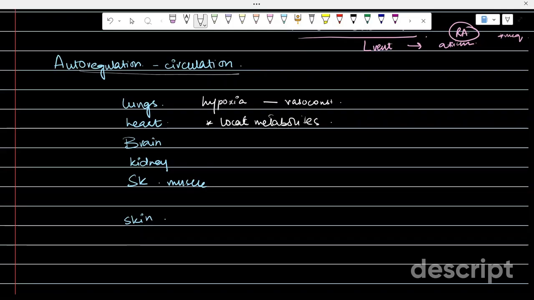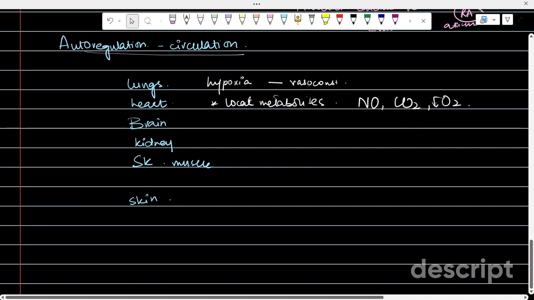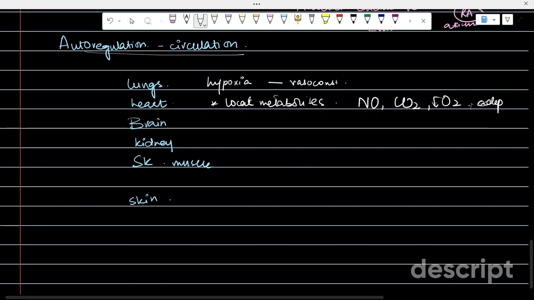The local metabolites which contribute to the heart circulation are nitric oxide, carbon dioxide, and oxygen. So hypoxia, adenosine, the carbon dioxide contributing towards the pH, and nitric oxide are responsible for the heart circulation.